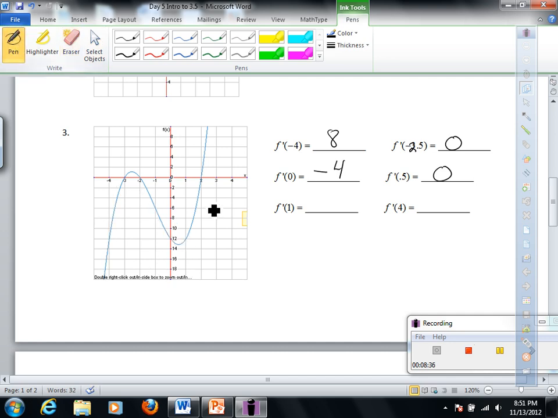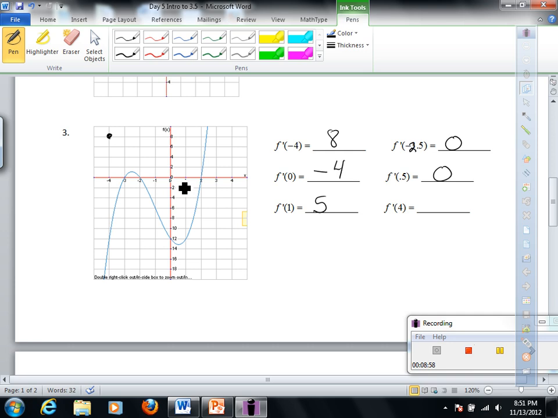I'm going to estimate the slope at 1, the slope of that line there, to be 5. F of 4 is a really big, steep number. To be truthful, it's 68, so we're not going to talk about that. But now let me graph these points real fast. At -4, I have 8.